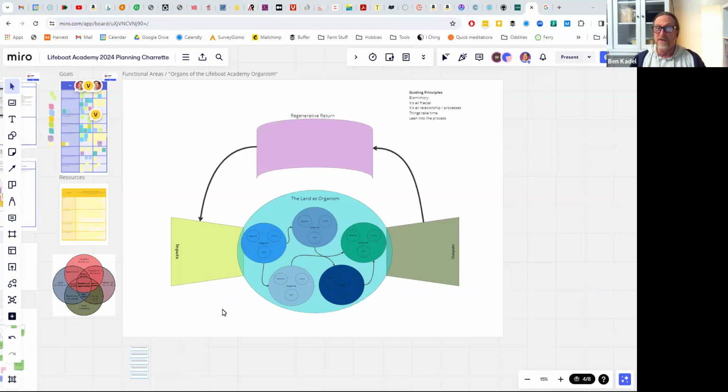And the way we're going to do it is really leaning into the circle process. So we'll start by trying to answer that first question: how do we see this organism interacting with the environment? And then we'll move into how we organize internally to make sense of that. And it's very much an experiment.